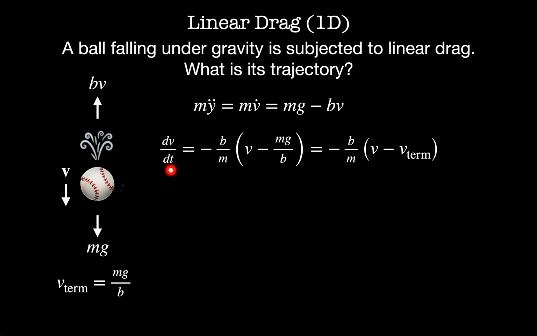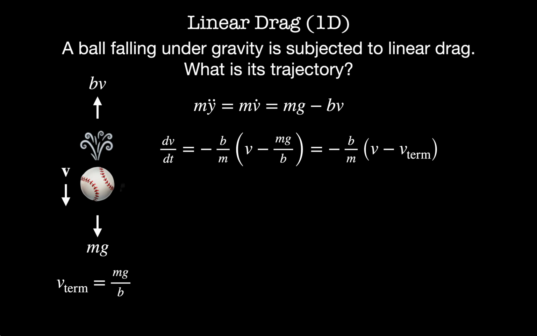So I end up with dv by dt. I'm going to divide through by m and pull out the b. So it is going to be equal to minus b over m times this thing, so velocity minus mg divided by b. And that's just the terminal velocity. So this is what my equation looks like.